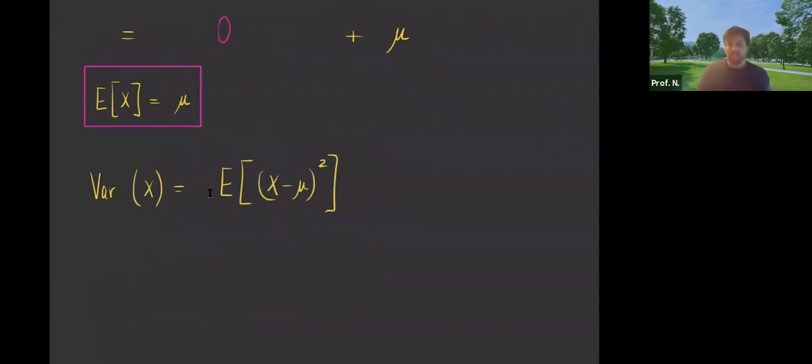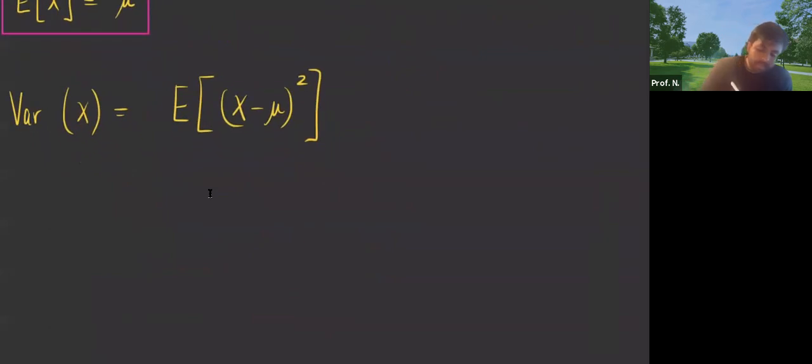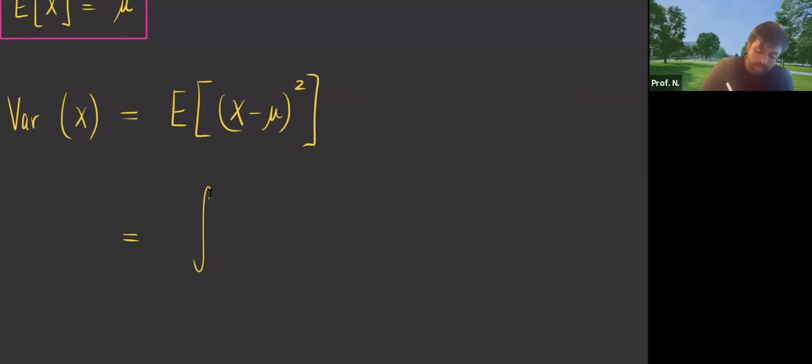So what should help is writing this using the formula: this here is the integral from negative infinity to infinity of x minus mu squared f of x dx.